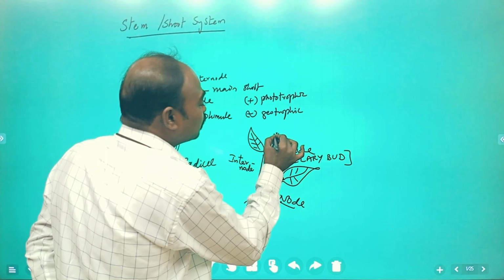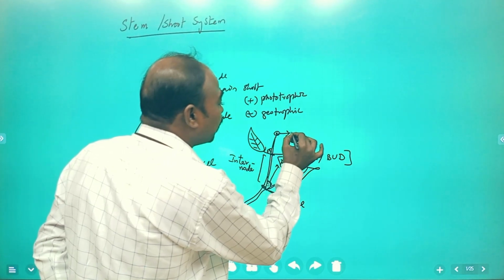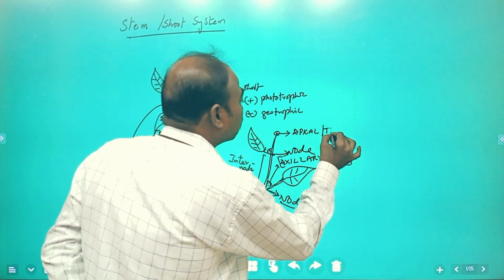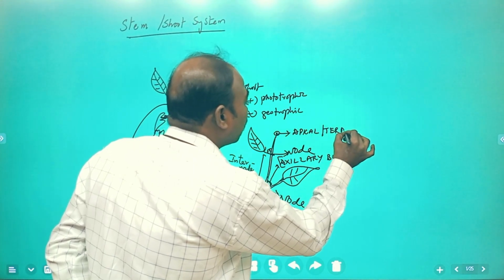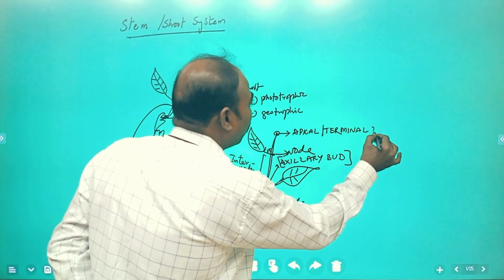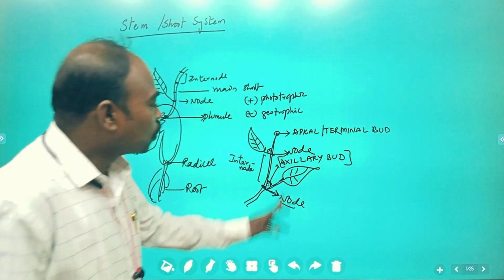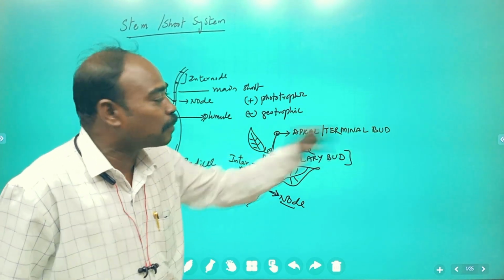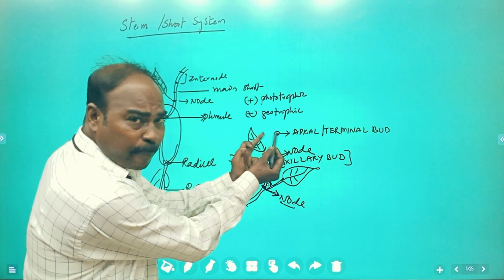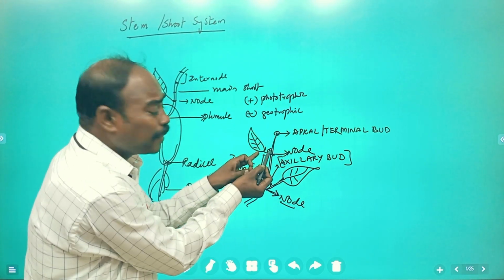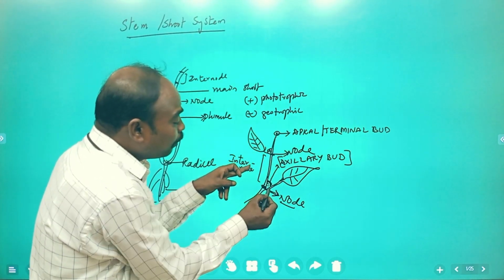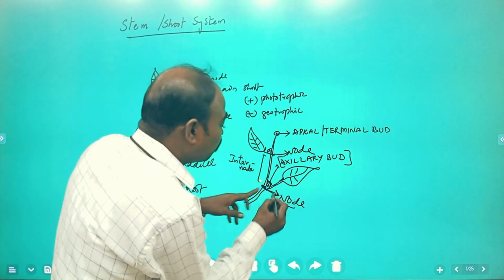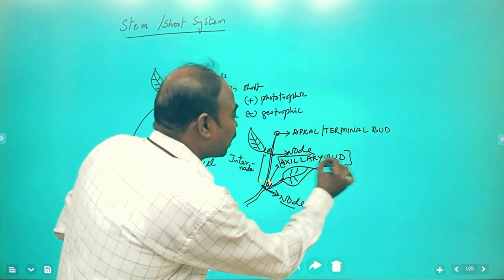The meristematic cells present in the shoot tip are considered the apical or terminal bud. So the stem tip or shoot tip has an apical or terminal bud. From the apical bud, some meristematic cells are left behind in the axils of leaves. Those buds are called axillary buds.